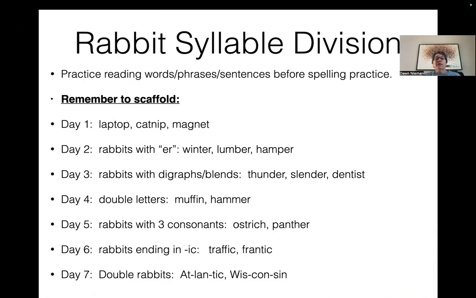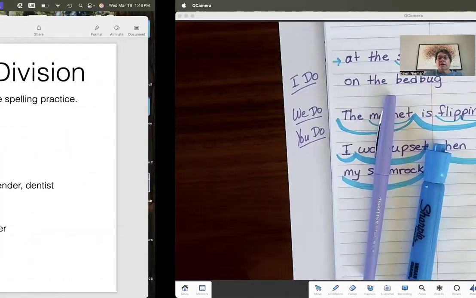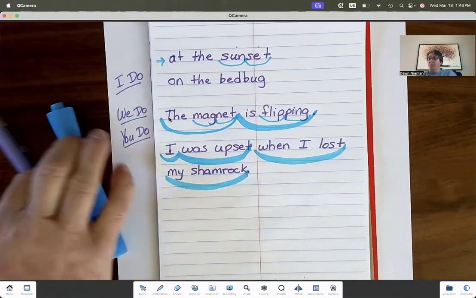You see how even on lesson 7 of rabbits, you can start doing double rabbits. They have to make two hops, like Atlantic or Wisconsin. And if you've taught things that have ER or you've taught digraphs already, you see how then you'd be able to give them a word, something like membership, right?